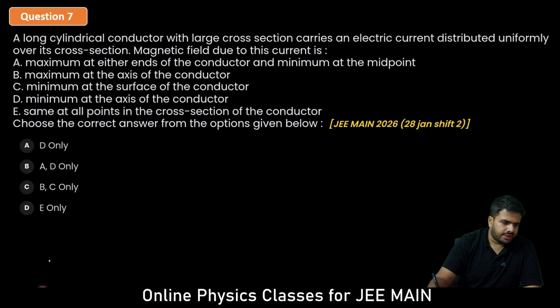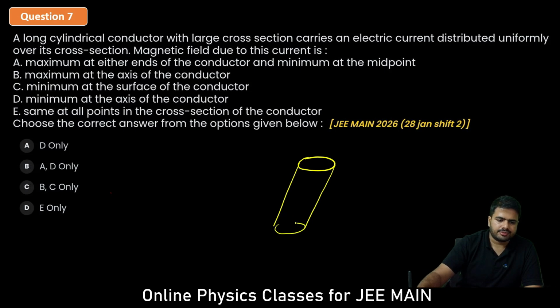In NCERT, they have given one example question just after completion of Ampere's circuital law, based on this. I think this question is from that concept. You can see, suppose we have a rod like this, and in this rod current is flowing.